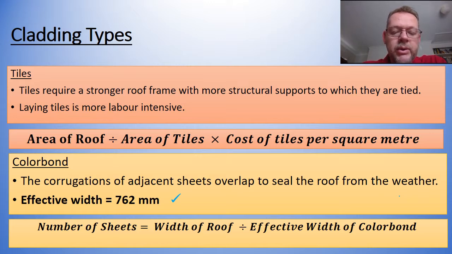So then we'll just line up all those lengths on the roof and get a total length of colour bond. But we'll get to that in a minute. So the number of sheets of colour bond that we're going to use is just going to be the width of the roof divided by the effective width of the colour bond.